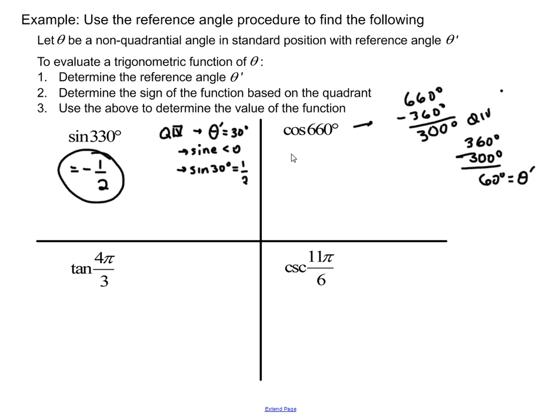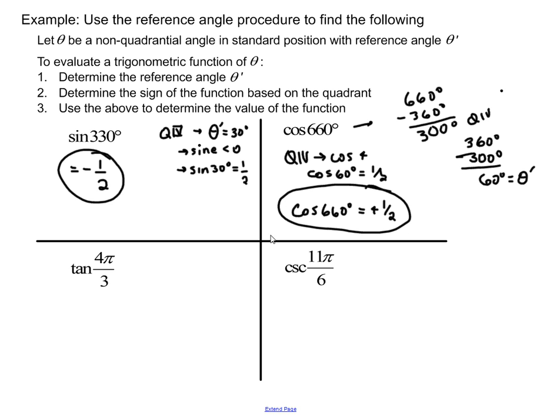Since I'm in quadrant 4, I know that cosine is positive, and I know that the cosine of 60 degrees happens to be equal to positive 1/2, and so the cosine of 660 degrees is going to be positive because we're in quadrant 4, and 1/2 because our reference angle has a cosine of 1/2. And that's it.